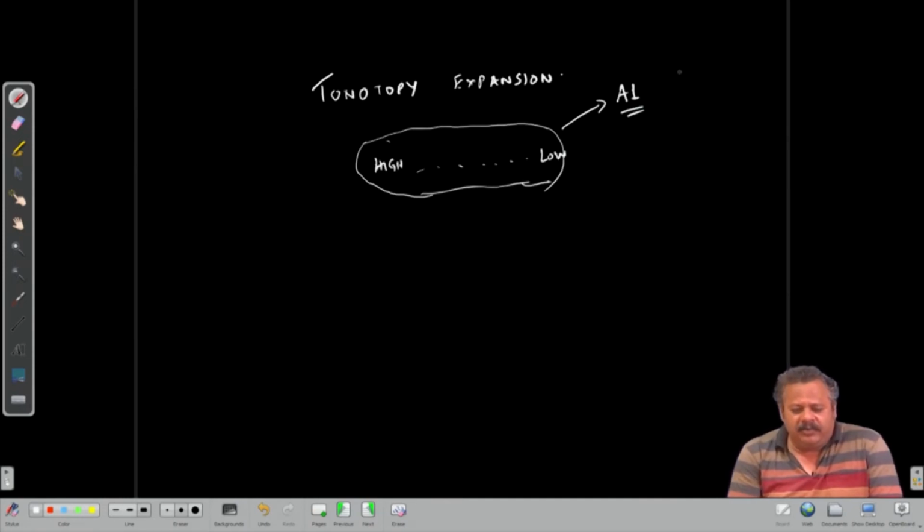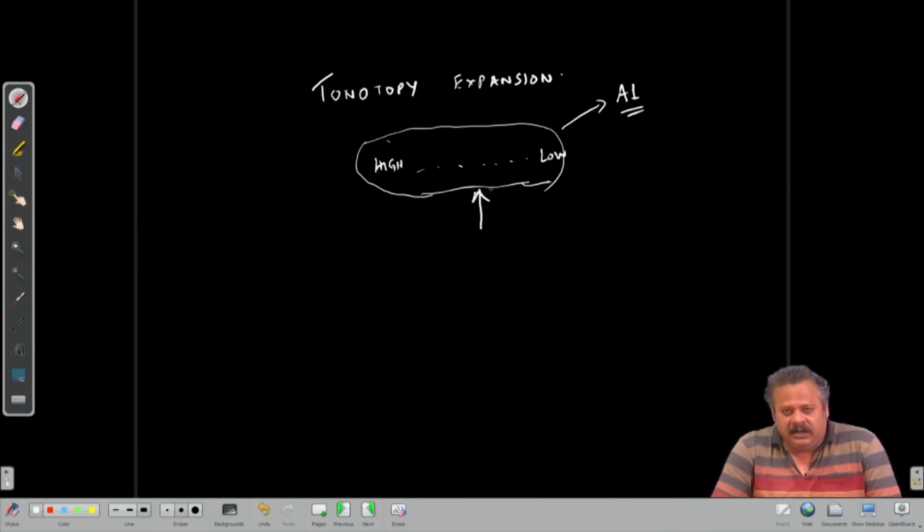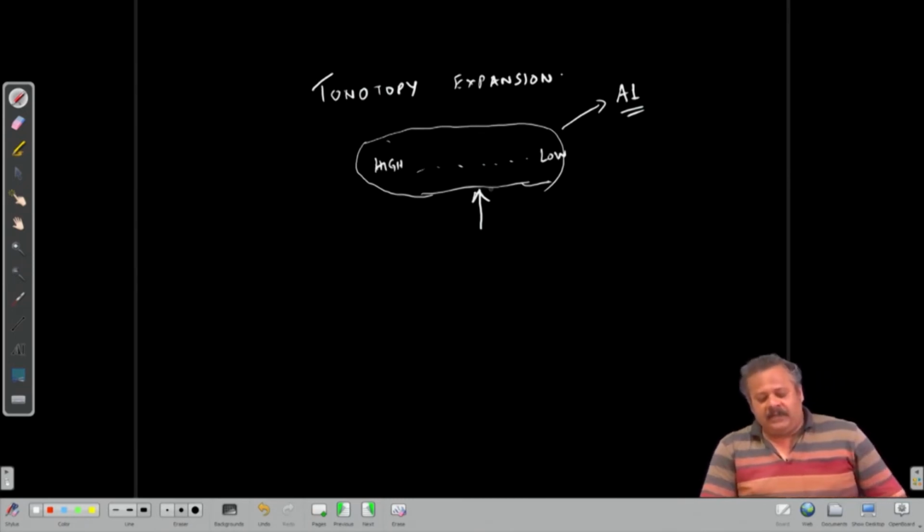And during the critical period, if one particular frequency is presented repeatedly in mice or rats, in these experiments and also in other species, it has been shown that there is an expansion.